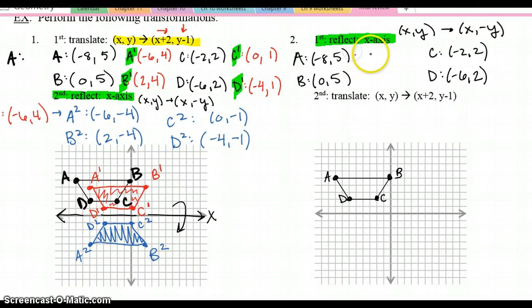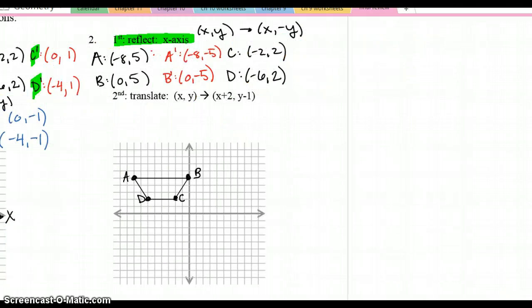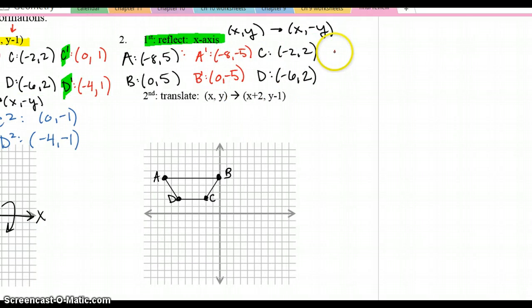So my A prime is going to be negative 8, negative 5. B prime is going to be at 0, negative 5. I change the sign of my y, which is 5 here. C prime is going to be at negative 2, negative 2. And D prime will be at negative 6, negative 2.